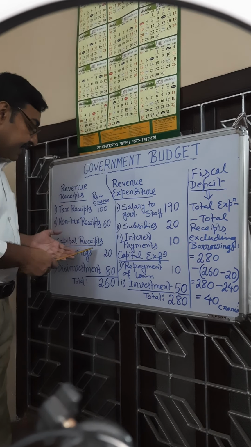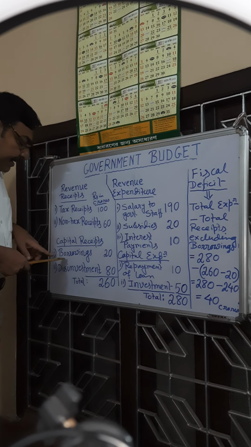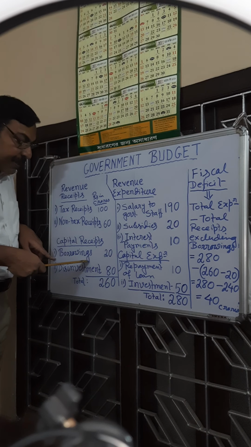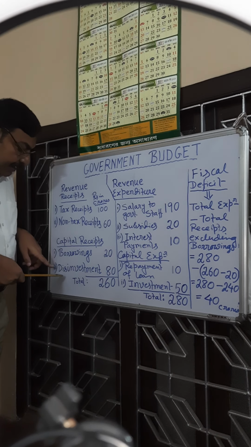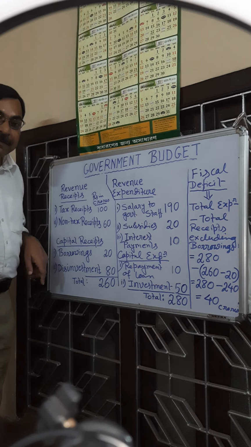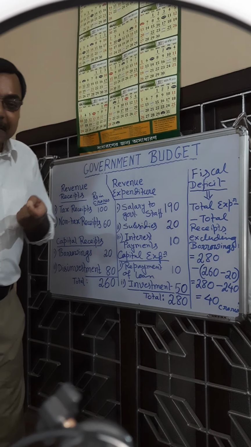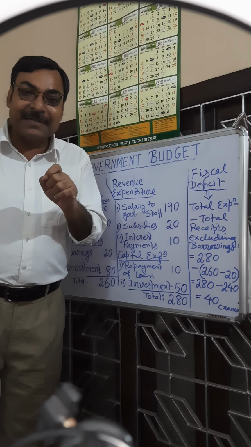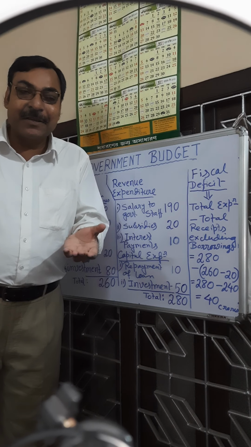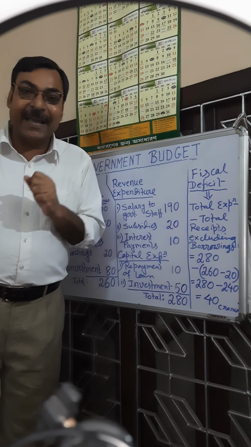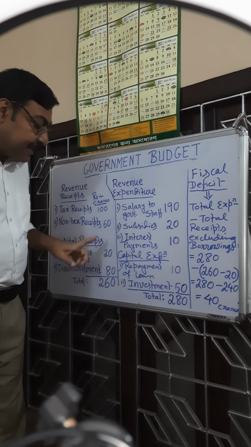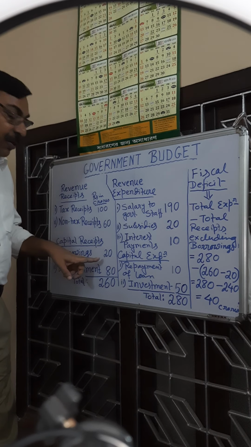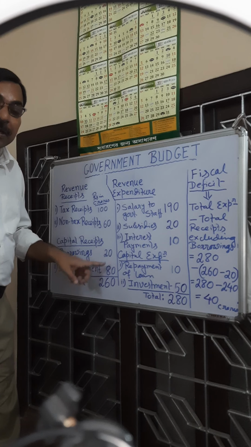Now consider the capital receipts. Capital receipt number one, borrowings. Number two, disinvestment. Borrowings increase liability, and disinvestment means you are selling shares, so your financial assets are declining. So these receipts affect the asset liability condition of the government.